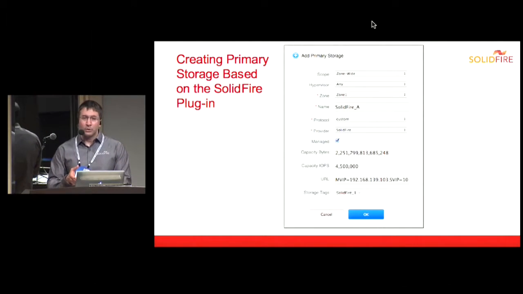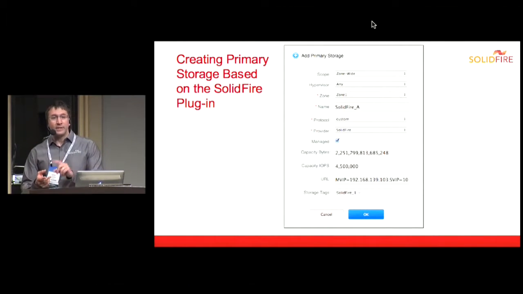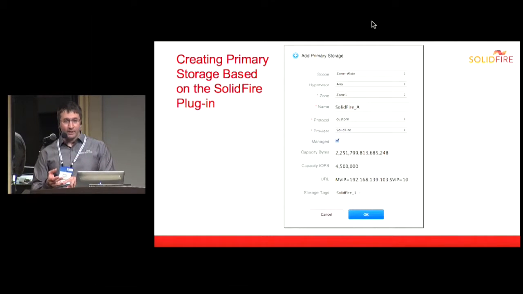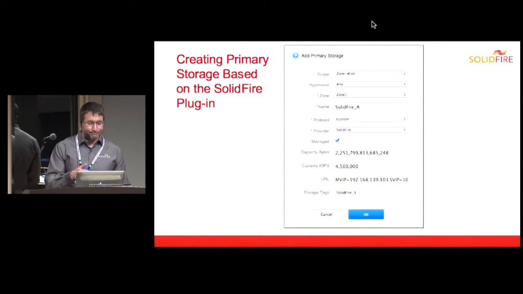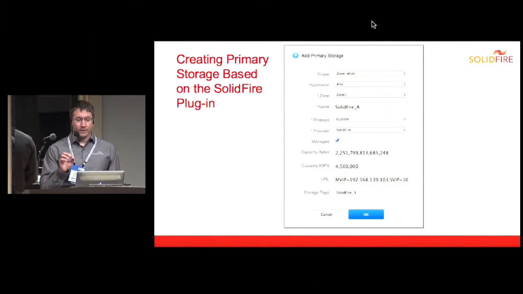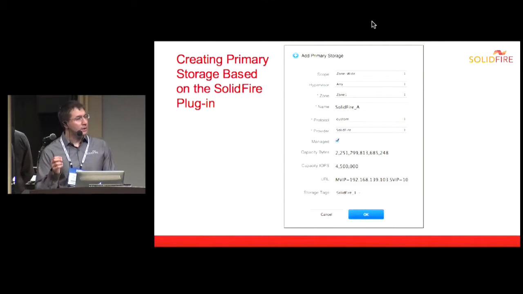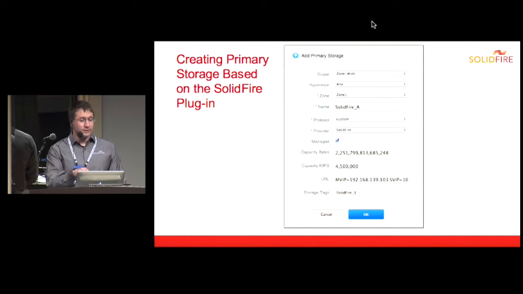I'm also going to support pretty much any hypervisor. Right now, technically, it's XenServer, ESXi, and KVM. But you would select the any hypervisor option. You pick your zone, you give your primary storage a name. The protocol, there's a new option called custom. If you select the custom option, you will be given a bunch of additional fields below it.